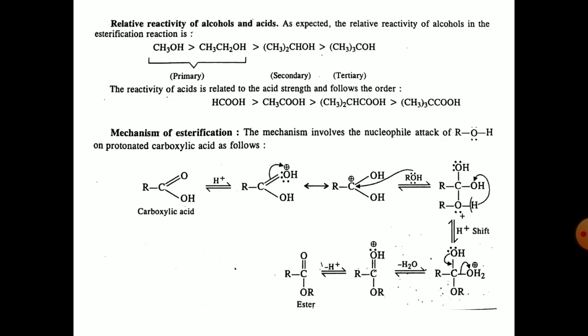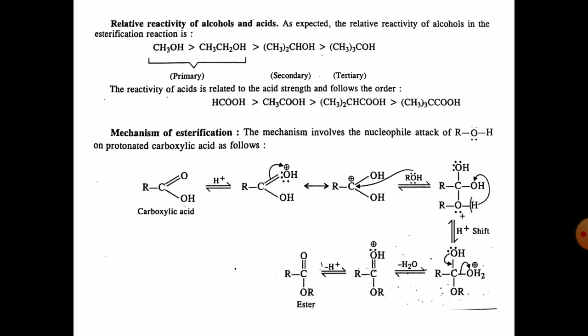You see, the H of ROH will go to the OH of the acid, and it is called an H plus ion shift. So what will happen? RC, OH, OR and OH2 plus. OH2 plus means unstable. So the lone pair of electrons of OH will come down to carbon, and the OH2 plus will be broken off in the form of water. So it will form, minus water.